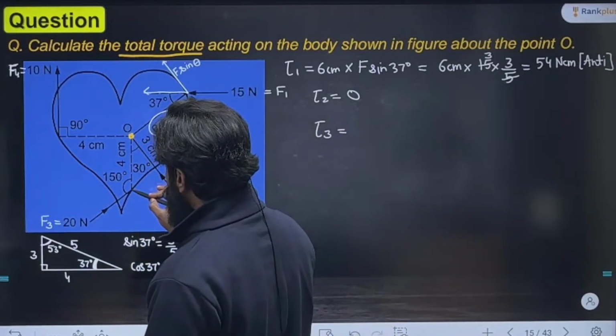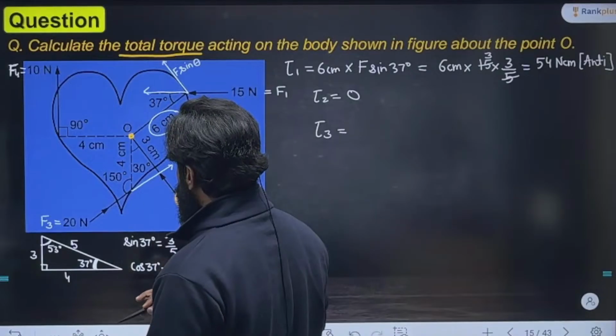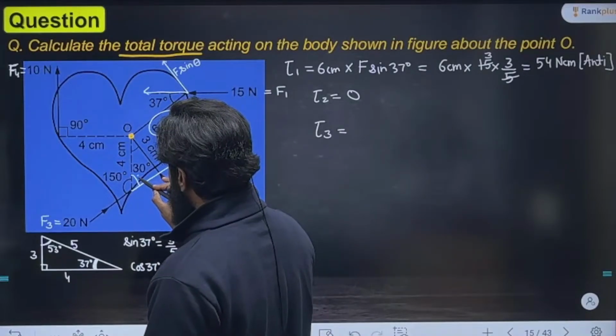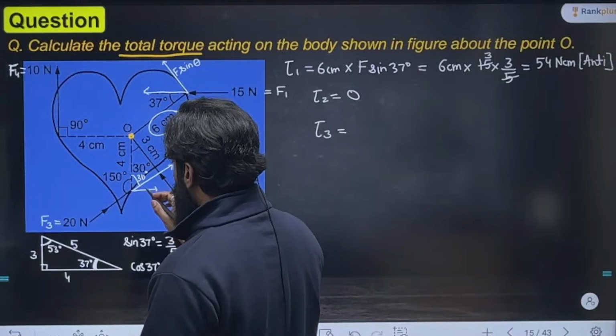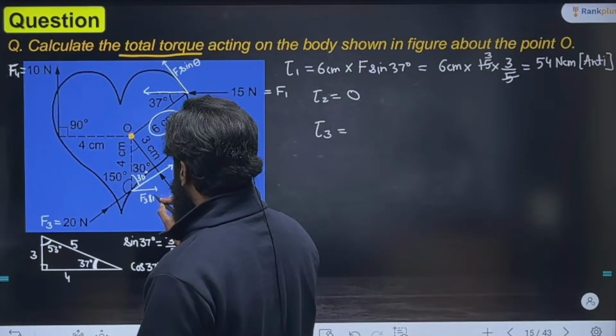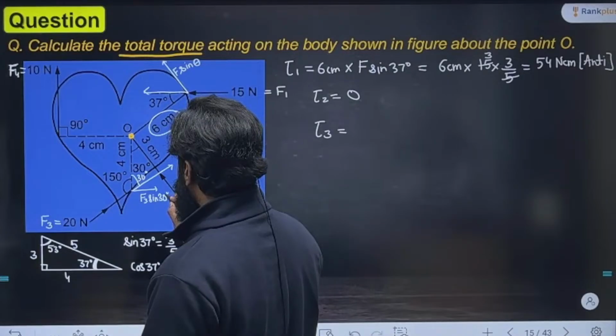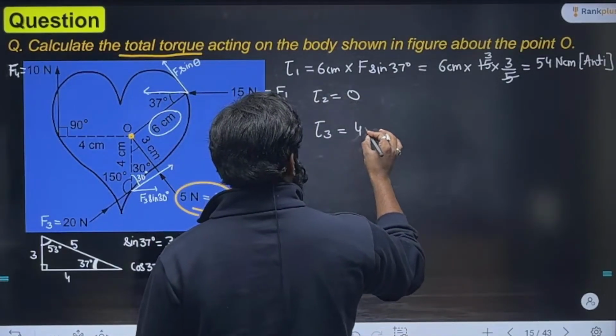This is the distance. Consider this as force, 30 degree. That will be F3 sine 30 degree, 4 centimeter.